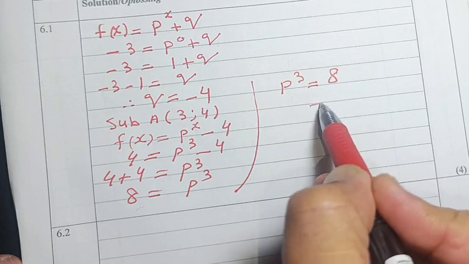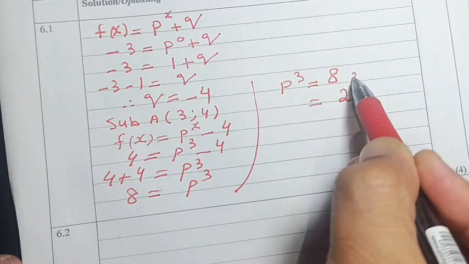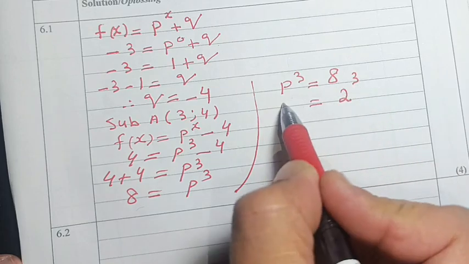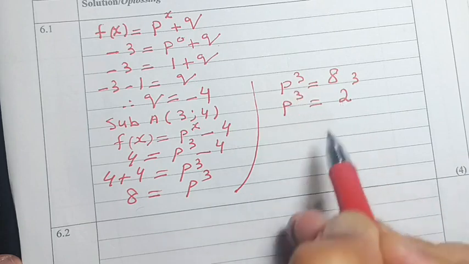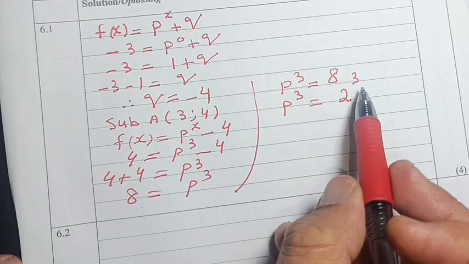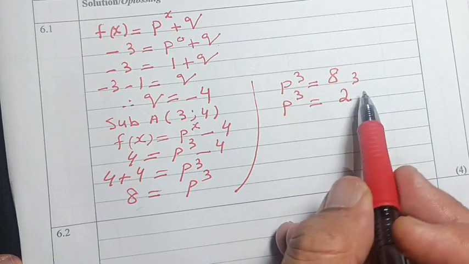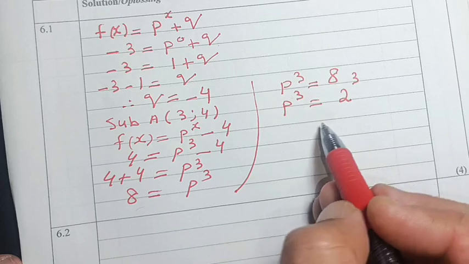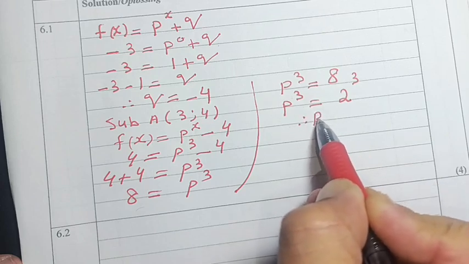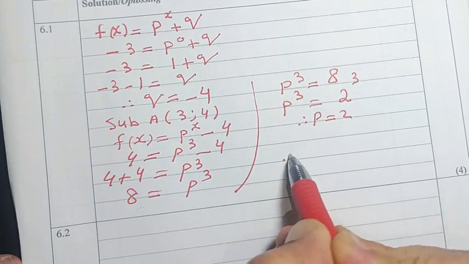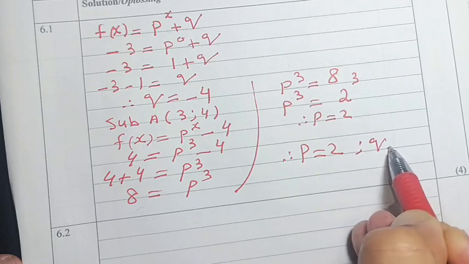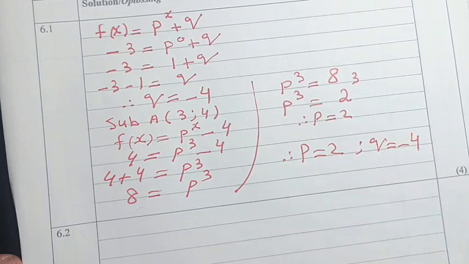Now I can write 8 as 2^3. So p^3 is equal to 2^3. The exponents are the same, so that's why the bases are equal to each other. Therefore p is going to be equal to 2. So we got p = 2 and q = -4. That is the solution to the first question.